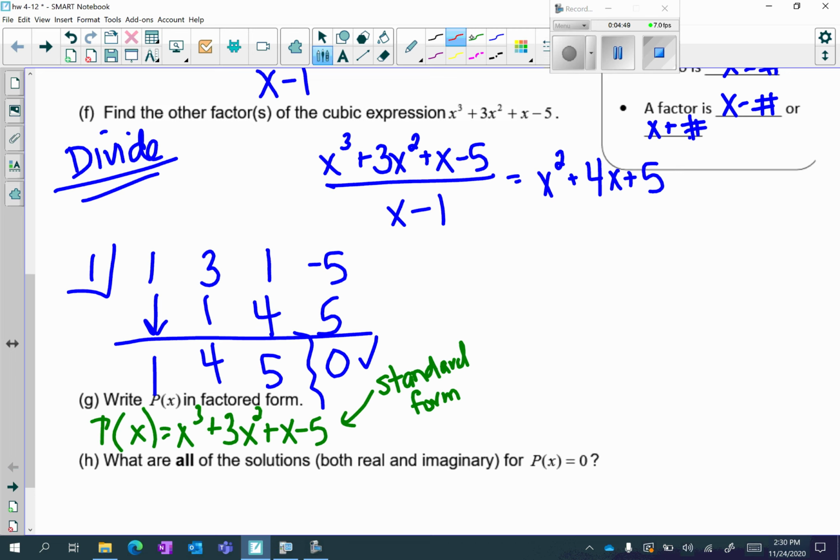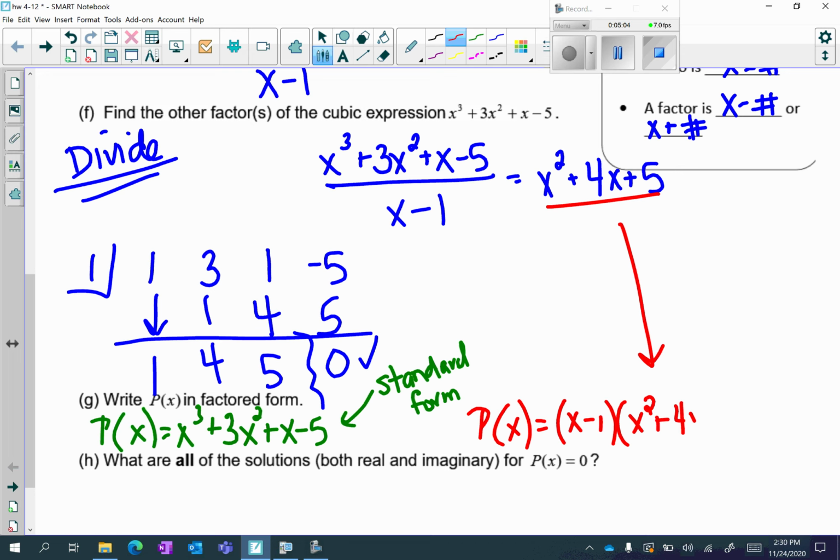In factored form, I'm going to take my one factor, which I found in part E, which was x minus 1, and I'm going to take the answer from division, x squared plus 4x plus 5, and that's my other piece of factored form. Remember, factored form just means parentheses being multiplied by each other.